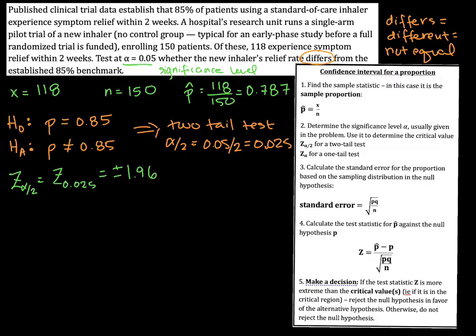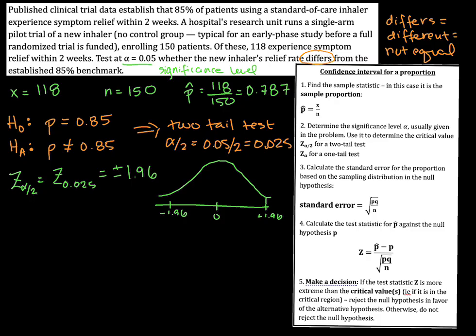Our goal now is to test this critical value. On the standard normal scale, where our mean is 0, we have minus 1.96 and plus 1.96.